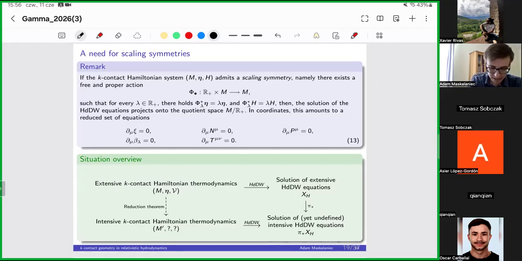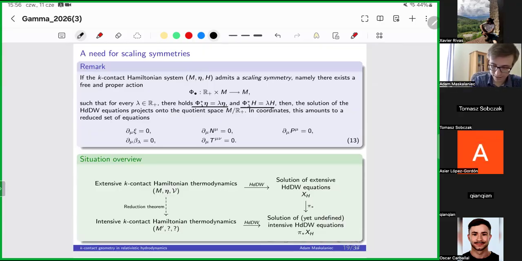So I say that a k-contact Hamiltonian system admits a scaling symmetry if there is a free and proper action of the multiplicative group of real numbers, such that this action scales our k-contact form by this positive real number, and it scales in a similar way our Hamiltonian.